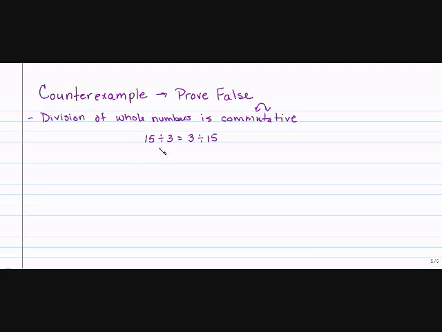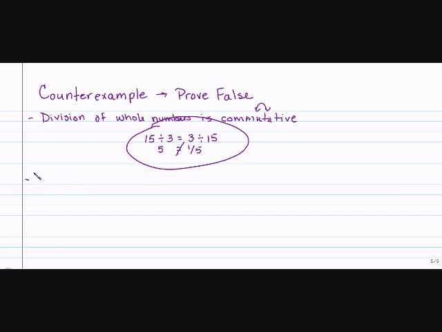Well, 15 divided by 3 is 5. Is it equal to 3 divided by 15, or 1/5? No, it's not equal. So here's a counterexample that proves this false.